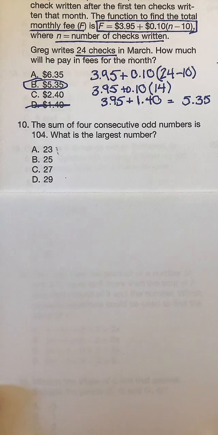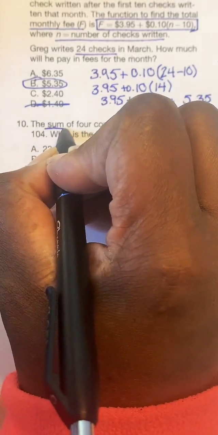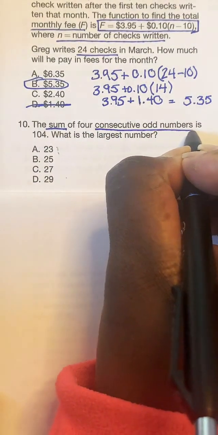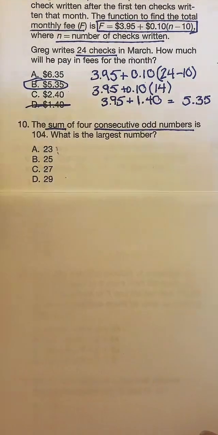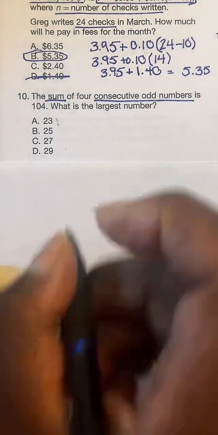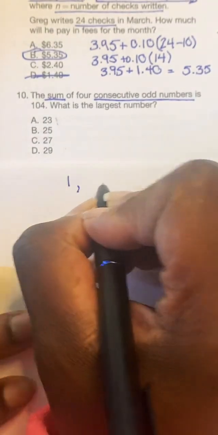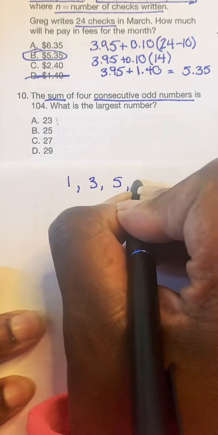So we're doing 4 consecutive odd integers. Now, first off, we need to know, well, sum means addition. Consecutive odd numbers. So if I want consecutive odd, like really basic, I'll do like 1, 3, 5, 7.